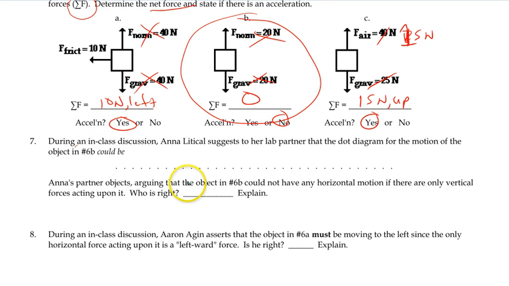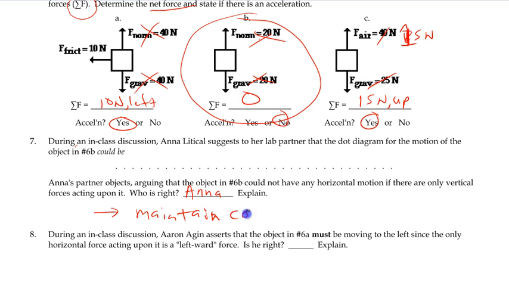Okay, forces are not required to keep an object in motion. Right? They are required to change the state of motion. So as long as the object was already moving to the right, these balanced forces that we see in B would simply mean that it would maintain that constant speed and direction.